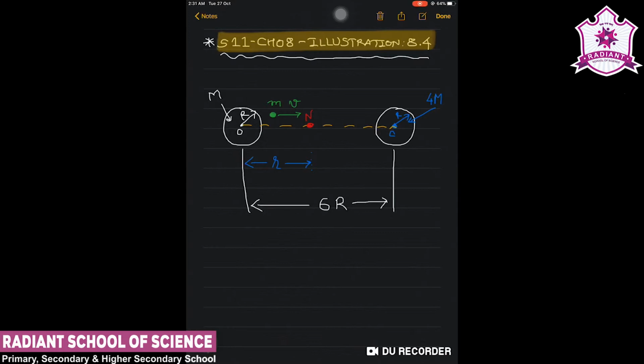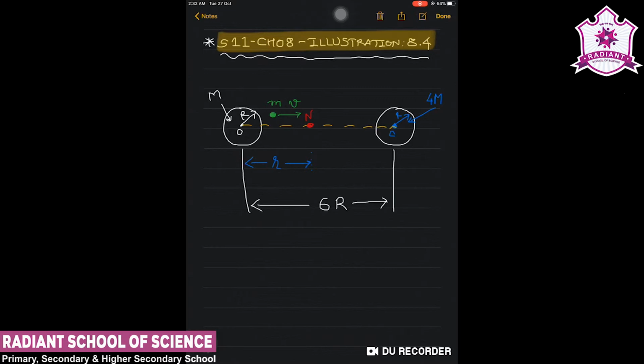We are given that two uniform solid spheres of equal radii R, but masses M and 4M, have a center to center separation of 6R as shown in the figure.